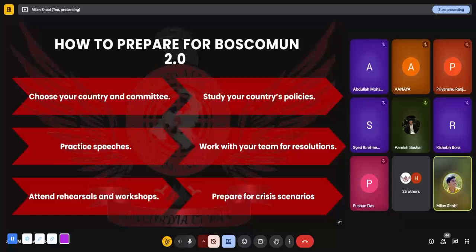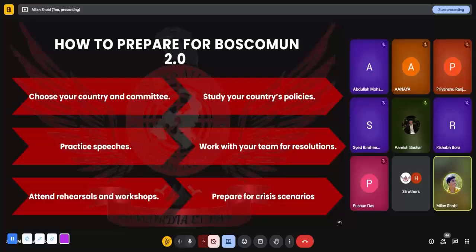Because unless it really matches your personality, it is a bit difficult to adjust into that country, into that committee. If you're a rebellious one and you are in a silent committee, there's a lot of boredom which will fill into you.